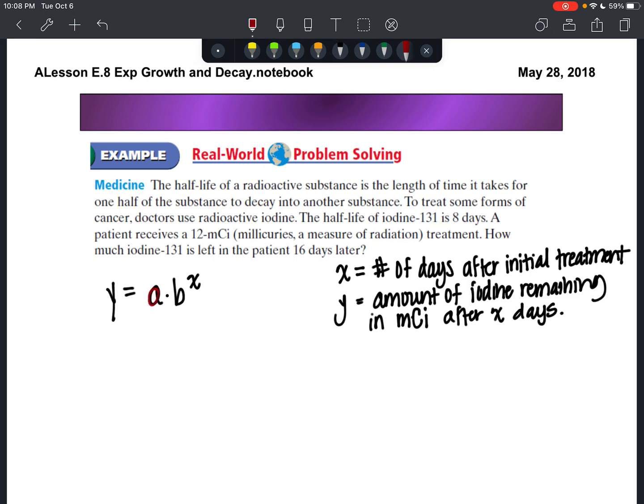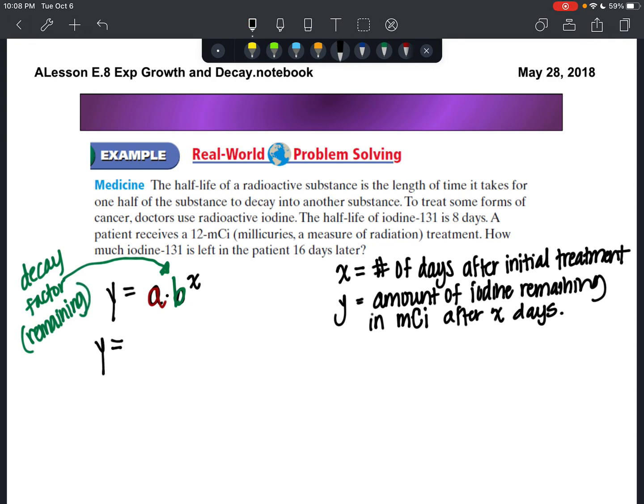We need to figure out what our initial amount is and what our decay factor is. In this case, it's not a growth factor, it's a decay factor. So your decay factor is how much remains, the amount remaining.